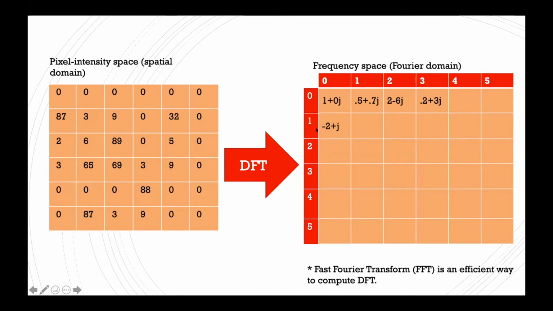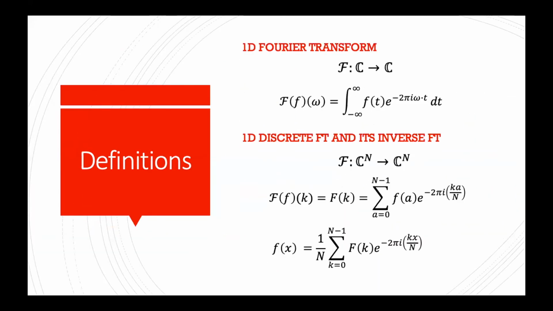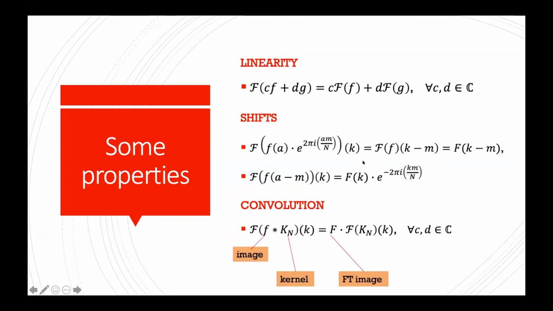Do the DFT, what it gives us is the same size, right? And complex valued. Okay, just to remind us that we mentioned that earlier. You can see here, complex valued to complex valued.